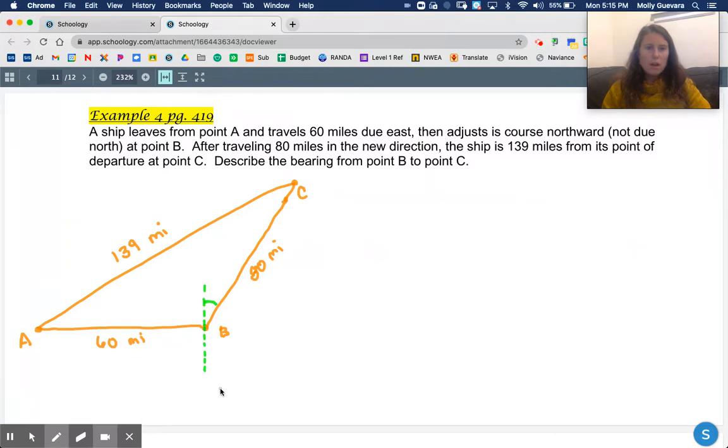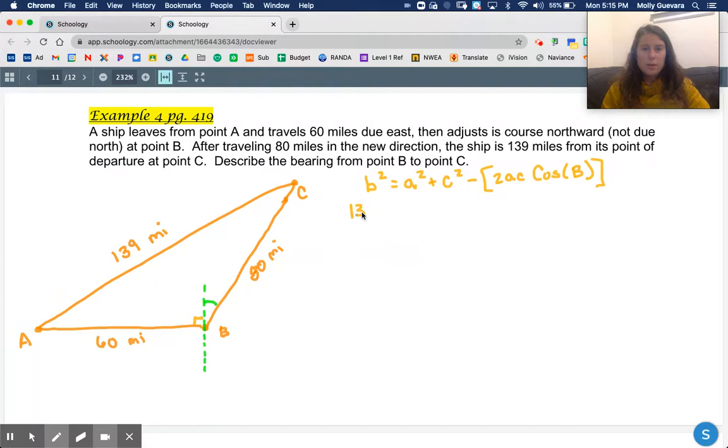Okay, so let's start with a few things. If I know all of angle B, I know that this is 90. So I would be able to find that. So let's find angle B. Okay, which means that I'm going to be using b squared is equal to a squared plus c squared minus 2ac times cosine of B. And I'm just going to start plugging numbers in.